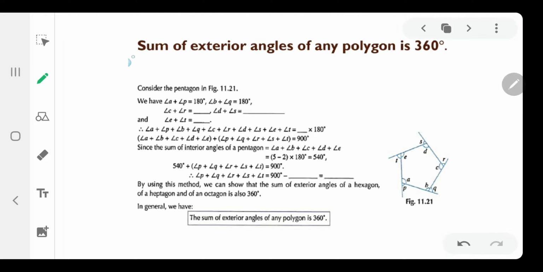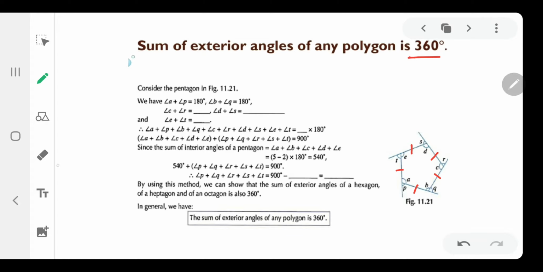How many sides are there? One, second, third, fourth and fifth. So there are 5 sides. This is a pentagon, and the sum of all the exterior angles must be equal to 360 degrees.